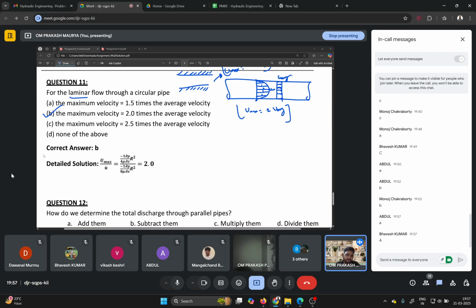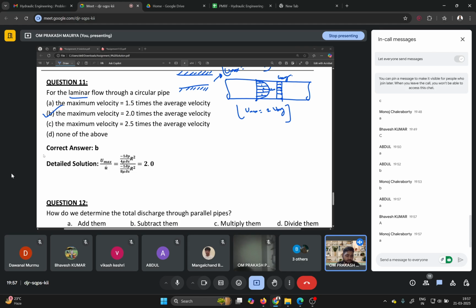Okay, Abdul is telling A, Bhavesh also telling A. Everyone please write your answer. Maybe wrong or correct, doesn't matter. Okay, Manoj also telling A option. Add them, okay. Total discharge. I have discussed in the previous questions just a few minutes back. So please, I need answer from all participants. A option, okay.